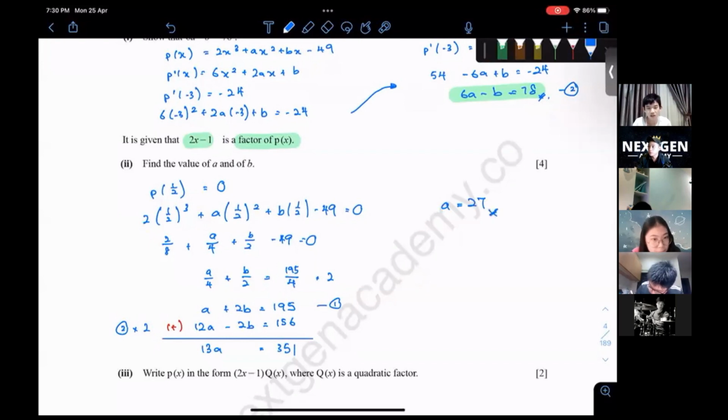Okay, you got this? a equals to 27. And then you sub a equals 27 into whichever equation. Okay, let's just say equation 1. Always have a habit also of naming the equation. You see what I'm doing?